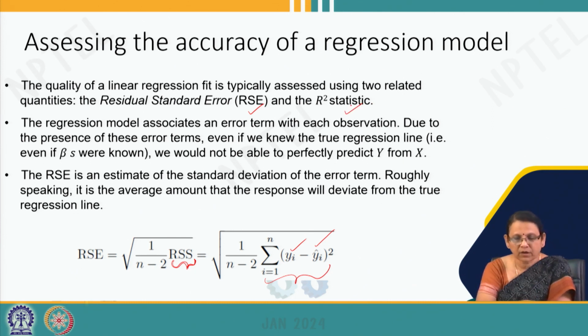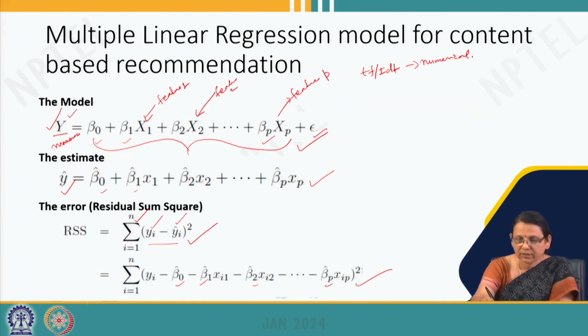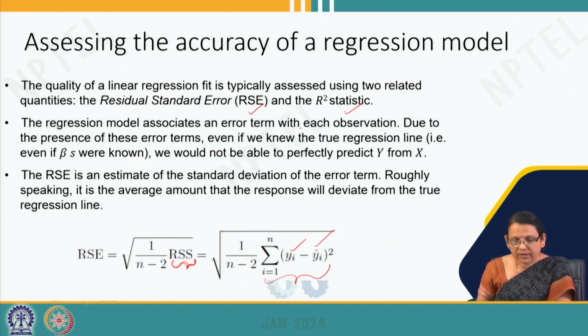Now, the regression model associates an error term with each observation, isn't it? This was the model, this was the error term. So, it associates this epsilon, which was the error term. With how many observations?